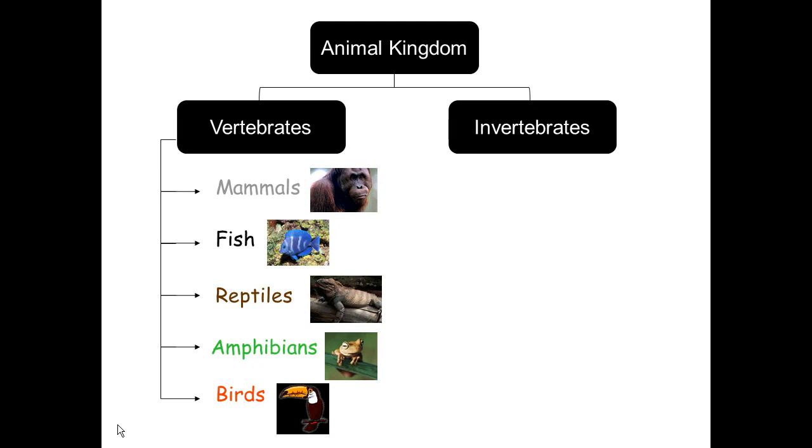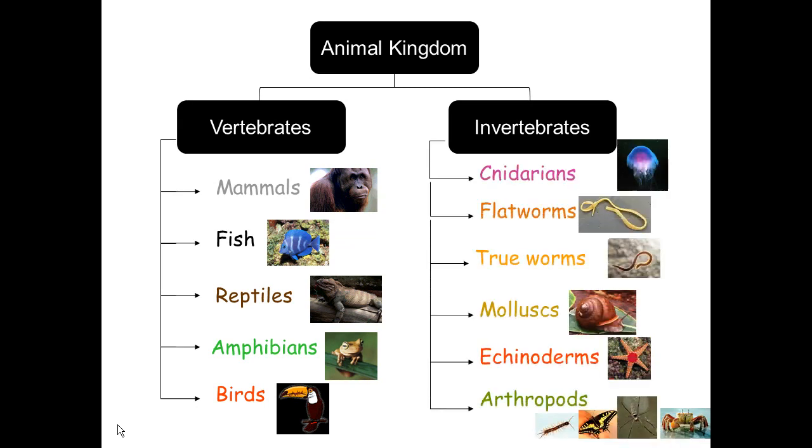So now let's have a look at the invertebrate groups, and they also can be subdivided into other groups. And so we have cnidarians, flatworms, true worms, mollusks, echinoderms and arthropods. So we are going to learn a little bit more about these groups that belong to the big group of invertebrates.